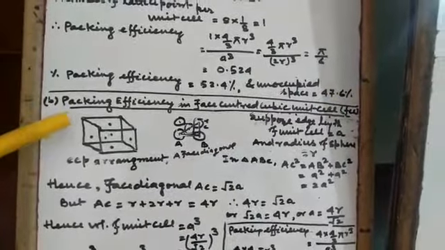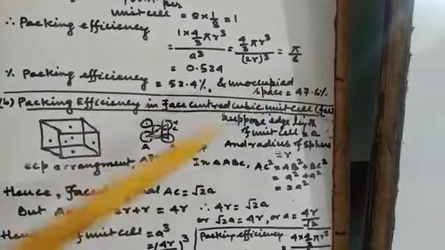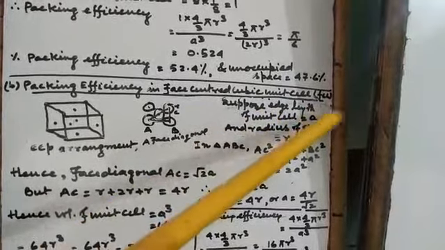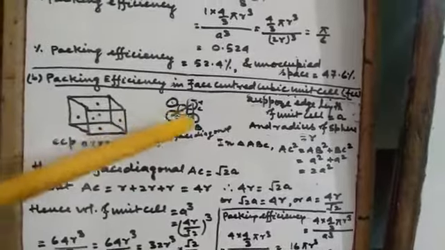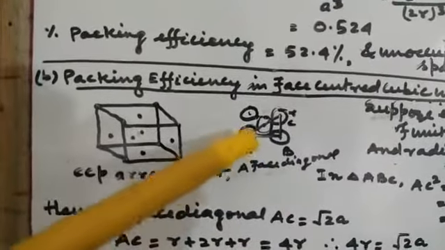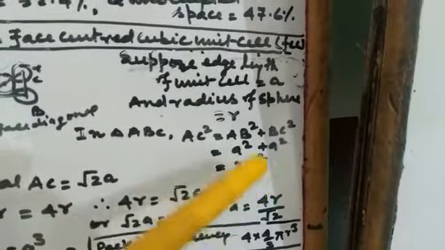Now our second arrangement is packing efficiency in face-centered cubic unit cell. Suppose the edge length of the unit cell is A and the radius of a sphere is R. This is our face diagonal, that is AC. In triangle ABC, AC square equals AB square plus BC square, which is equal to A square plus A square, equal to 2A square.